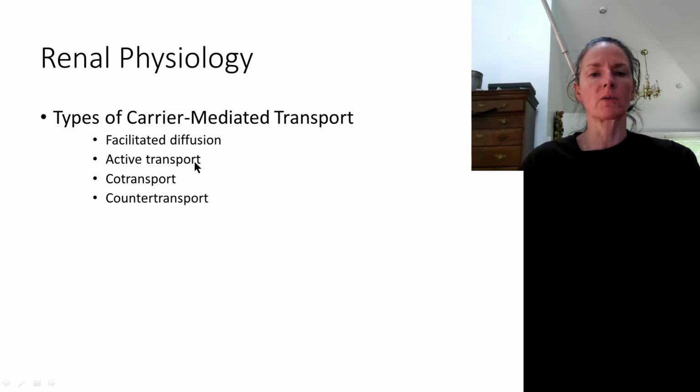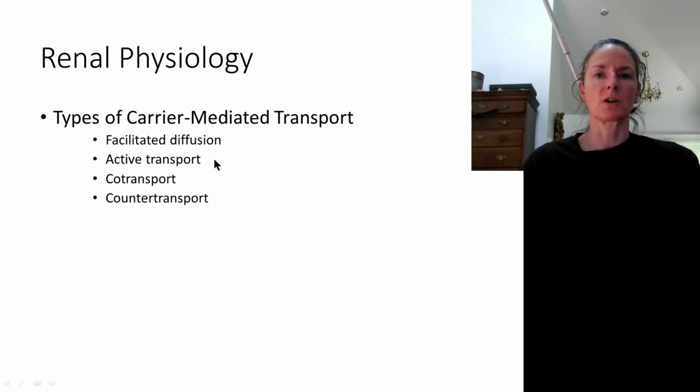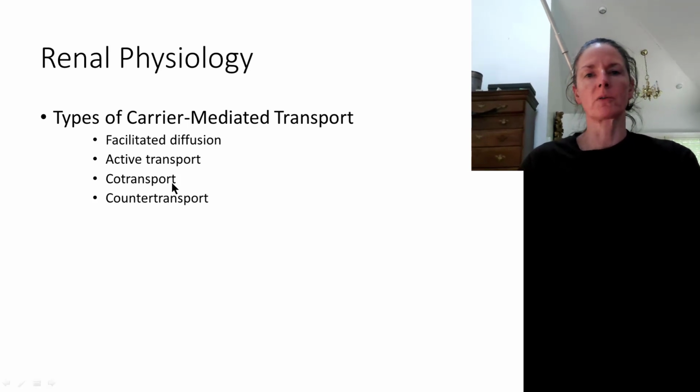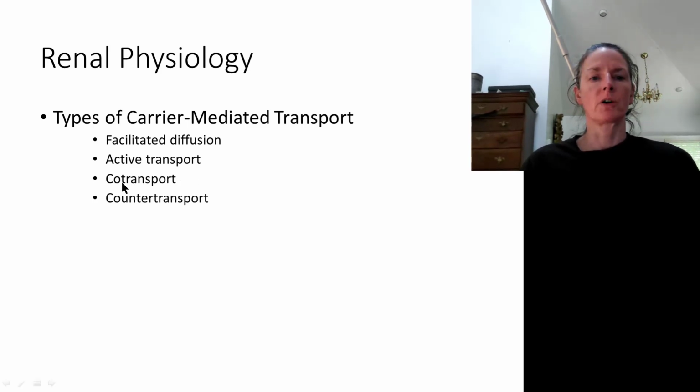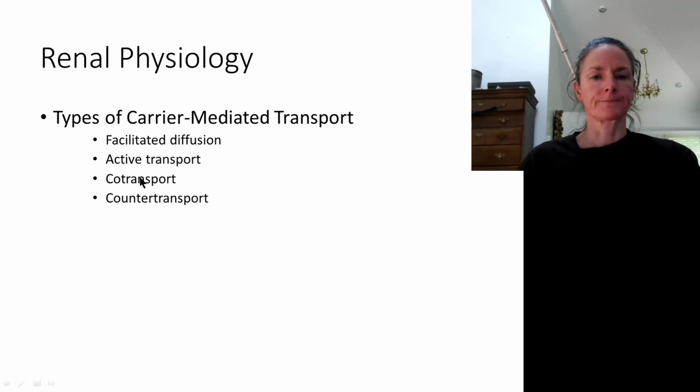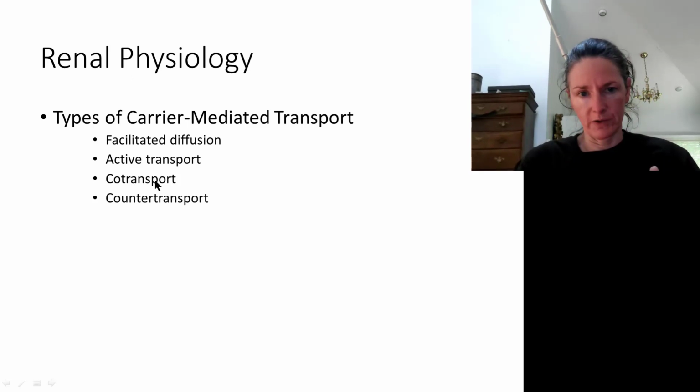Active transport is where we are transporting these molecules against their concentration gradient. Co-transport transports two things at once.